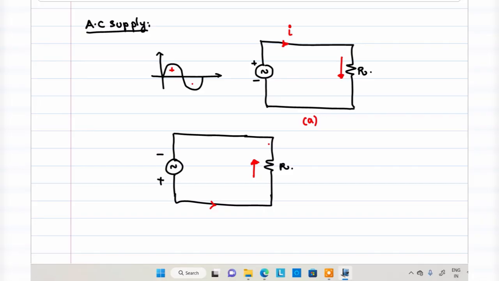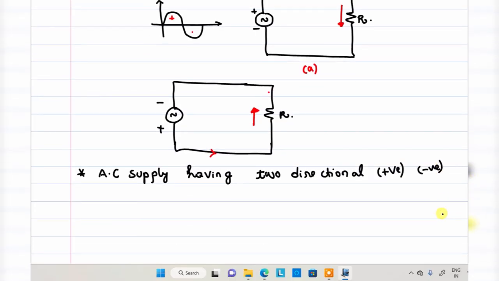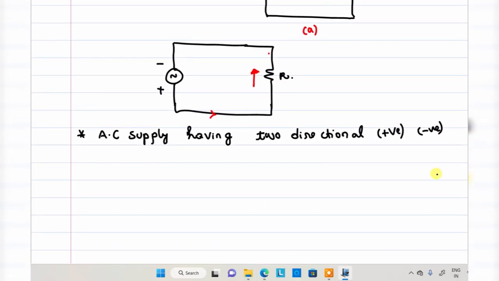So now your conclusion: in case of AC supply it is two directional, that means positive magnitude as well as negative magnitude. It is not only one direction. That means it is alternating, right?